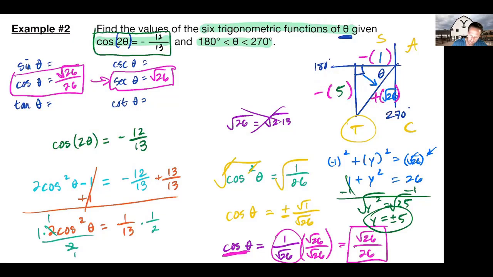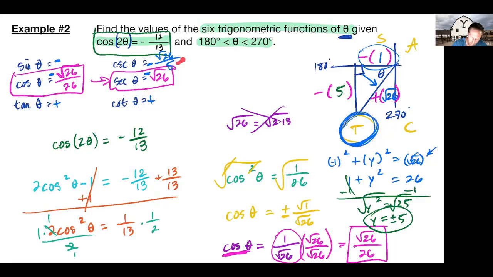So that would be my r over the y. And remember, it was negative because of the quadrant. So cosine also would have been negative because of that x being that -1 here. Okay, so again, just be careful with your signs. Only ones that should have been positive were tangent and cotangent.